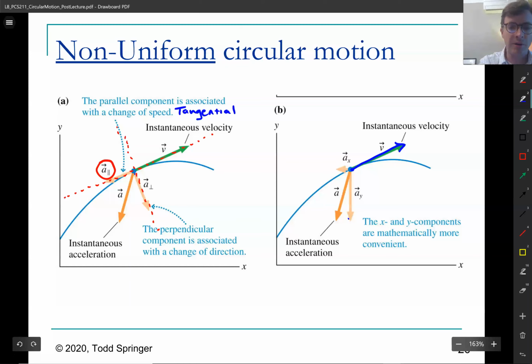And then there's a component of the acceleration which is perpendicular to the velocity. That's what we call the radial or the centripetal acceleration. So this would be the centripetal acceleration or the radial acceleration. Okay. So that's just another way of visualizing that.